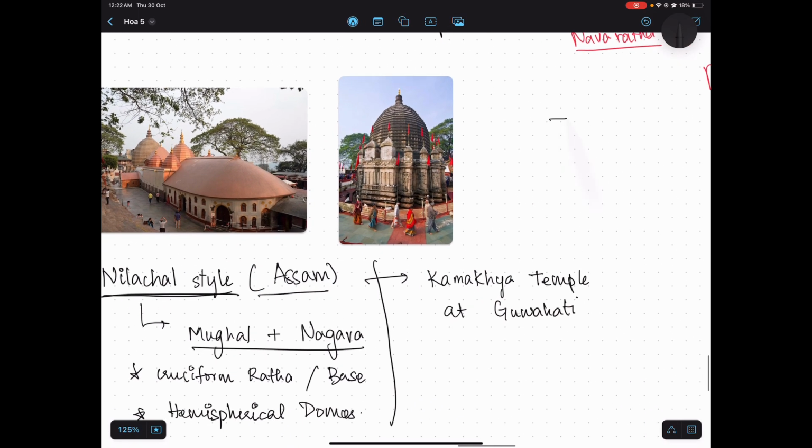I've already talked about that when I was explaining cruciform piers of the Renaissance period, but let's go. So something like this is the cruciform. So this has a cruciform base with a hemispherical dome. That is the classical feature of Nilachal style, which is predominantly found in the Assam region.